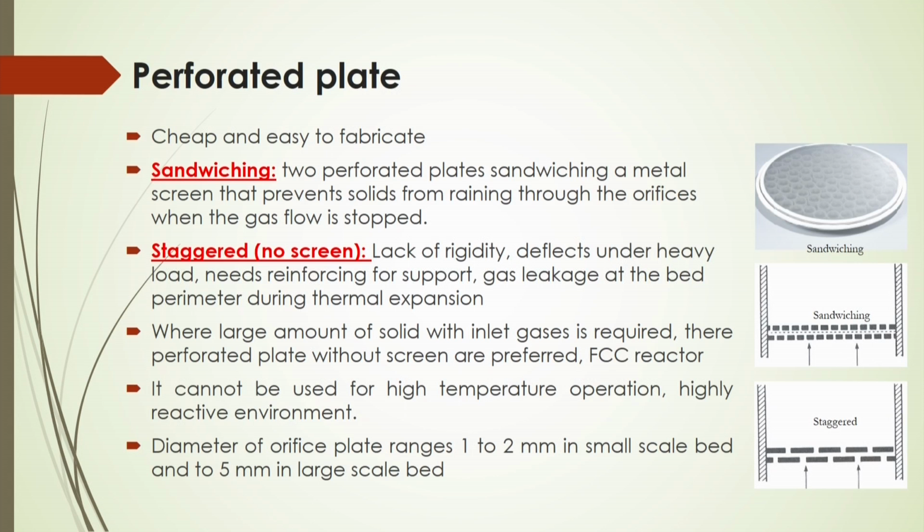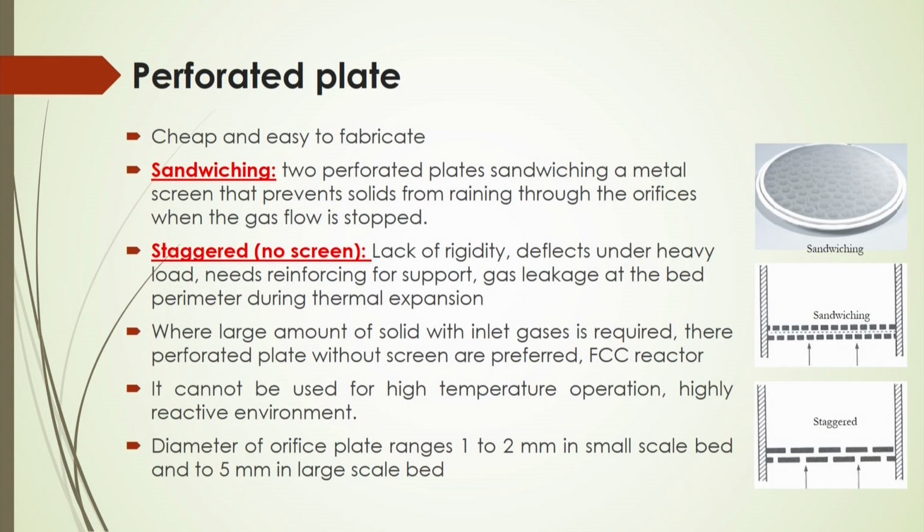See the figure here, diagrams are given here. Different types of perforated plates are available commercially. These perforated plates are cheap and easy to fabricate, and some perforated plates are sandwiched, some are staggered, with screen and without screen.